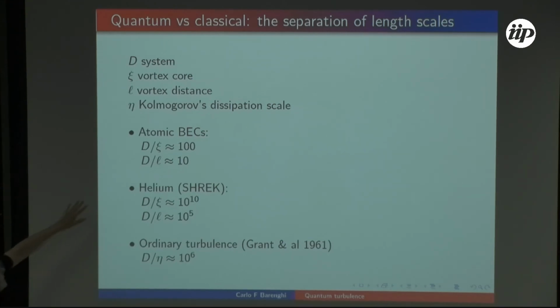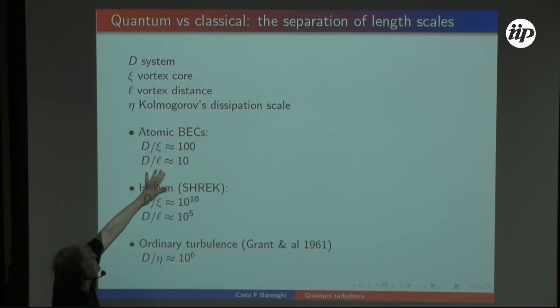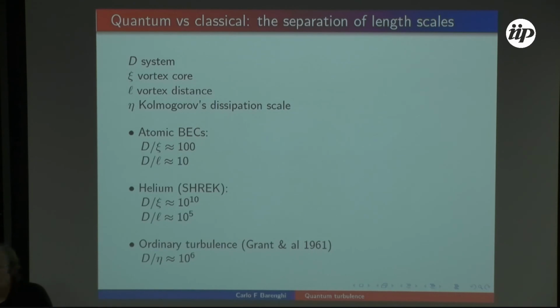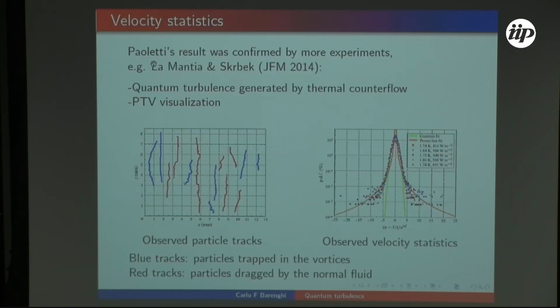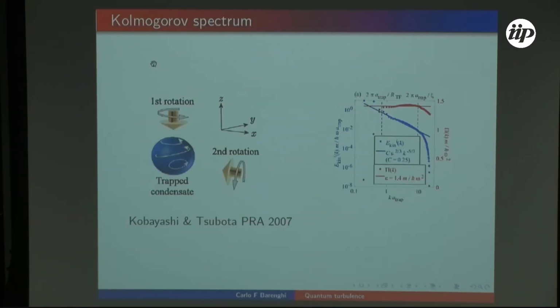But for condensates, these ratios are only 10 or 100 with existing condensates, which are pretty small because the problem is losses during the last stage of cooling. Too many atoms are lost. So, does it mean that we cannot see turbulence a la Kolmogorov in condensates? No, I don't think so, because after all, the picture I showed was a calculated picture by Makoto Tsubota, somewhat realistic in parameters, although quite optimistic.